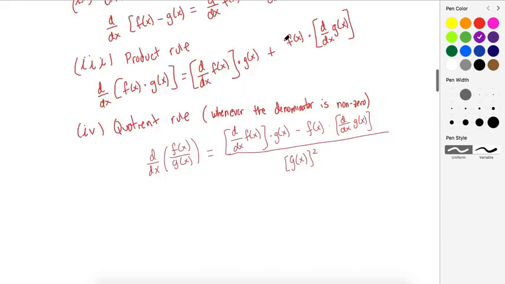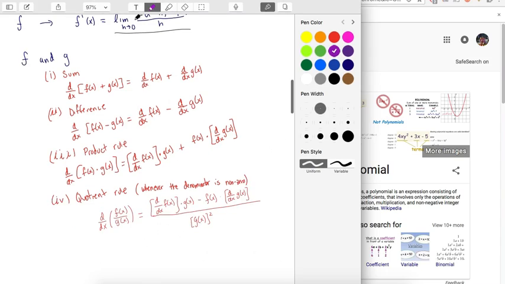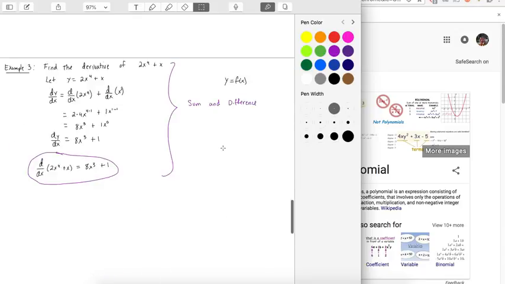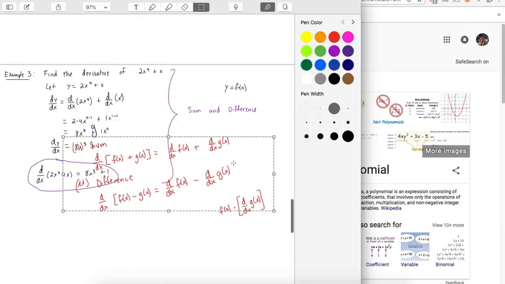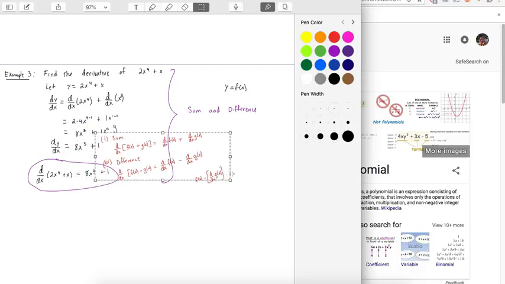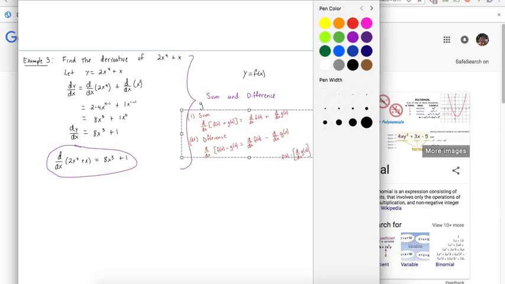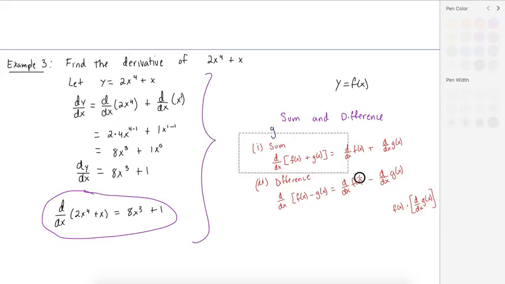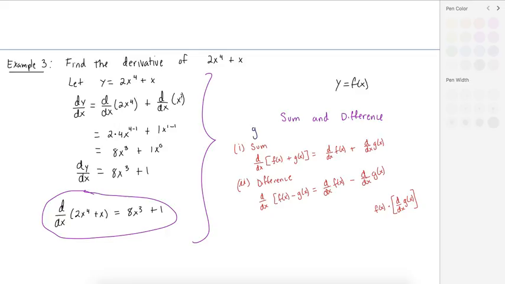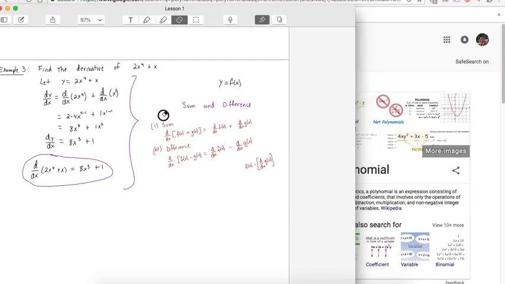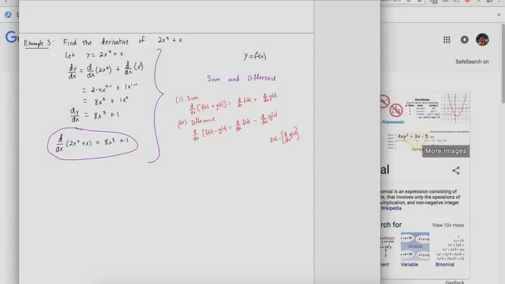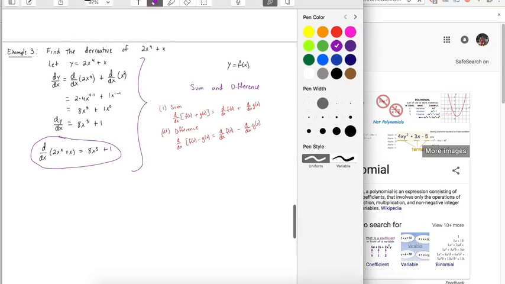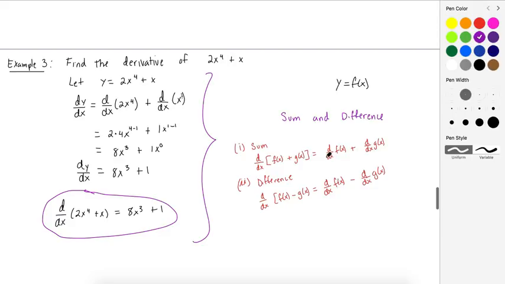So I guess I can just copy this, so this right here is an example of the sum and difference of two functions.